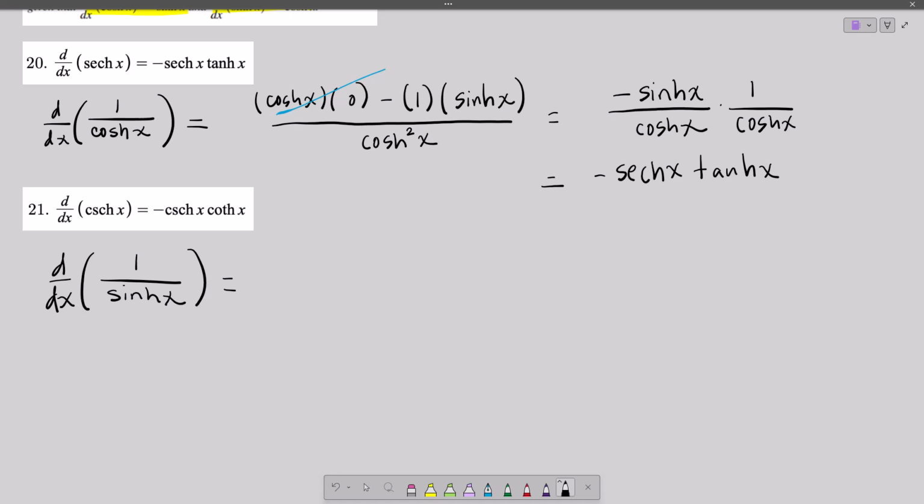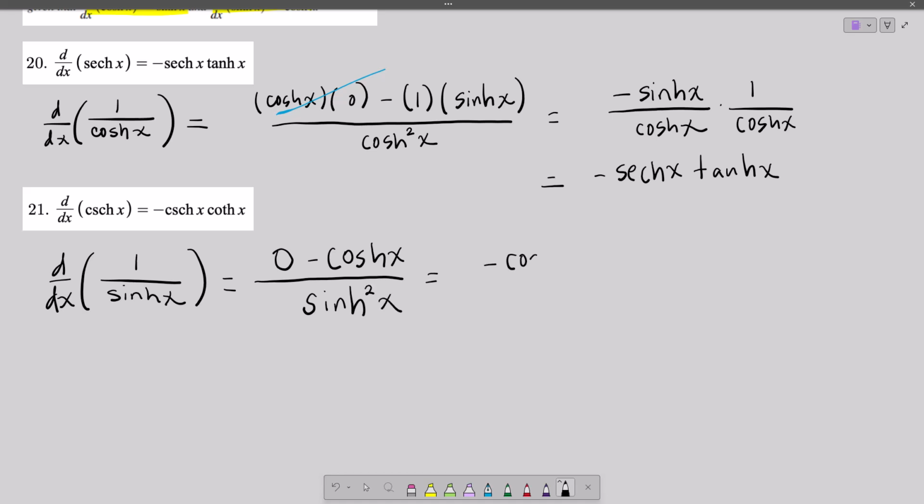So if we do this one, we can probably just do it a little faster now that we've done it up there. Isn't low d high 0? Because the numerator is a constant, so we can just write 0 right away. Low d high minus high is just 1, and then d low, divided by low squared.